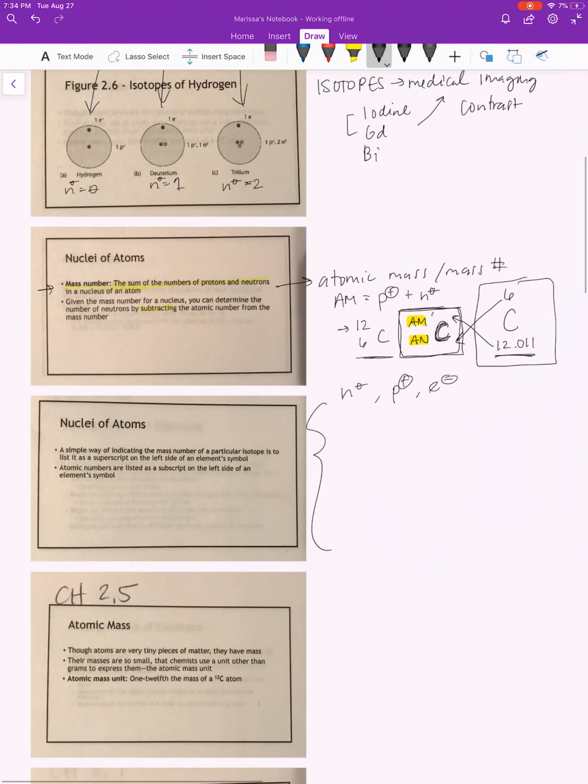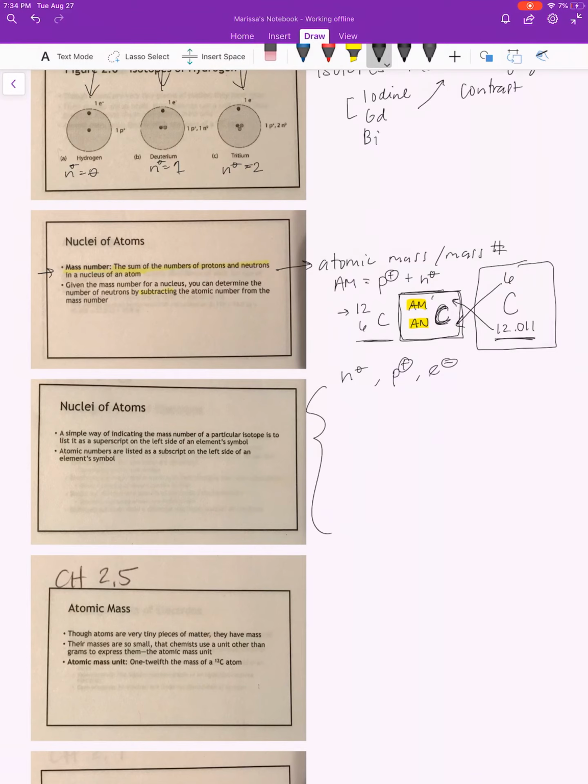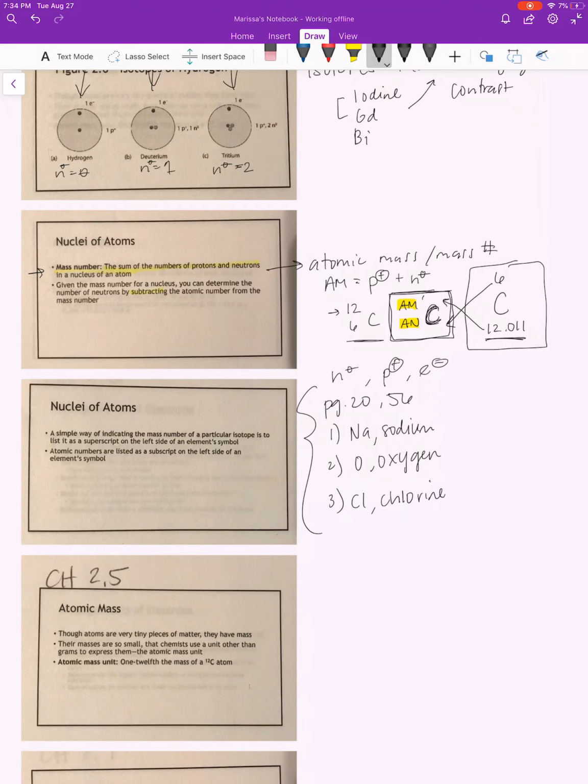The skill building exercise is on page 20 of version 2 and page 56 of version 1. But I'm going to write it out here since we're not together today. So what we're given are the elements sodium and oxygen, and I'm writing the symbol and the element name because remember, I'm not expecting you to memorize all of the atomic symbols and mass.